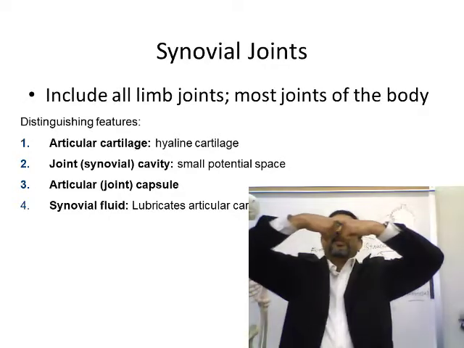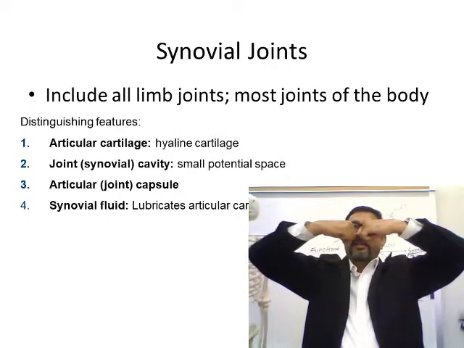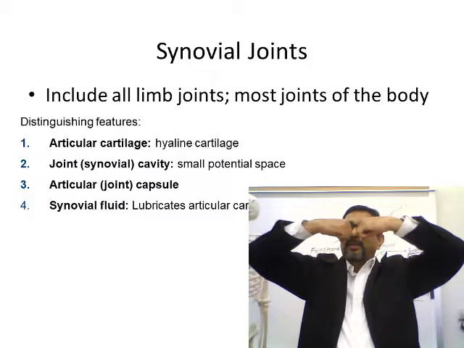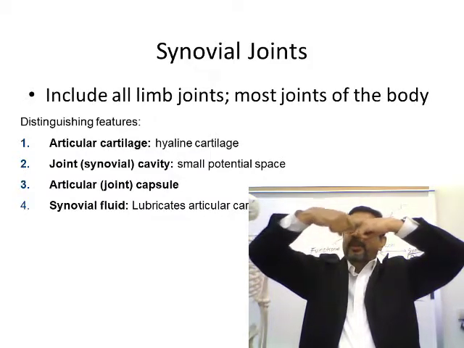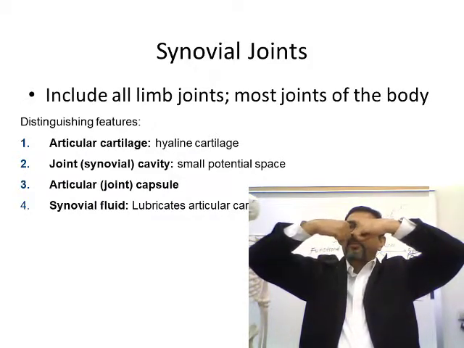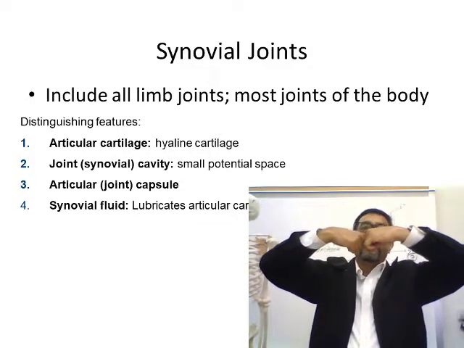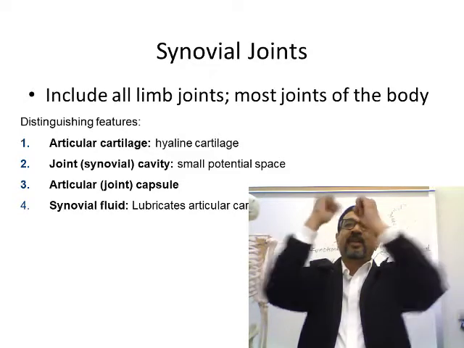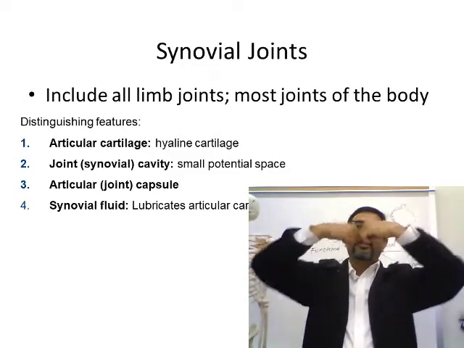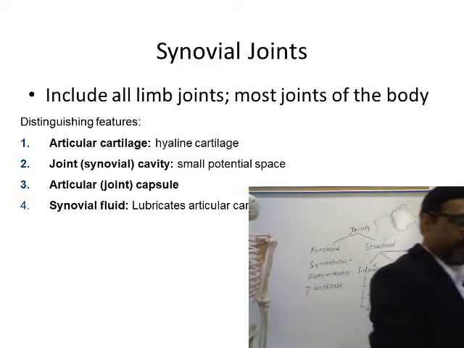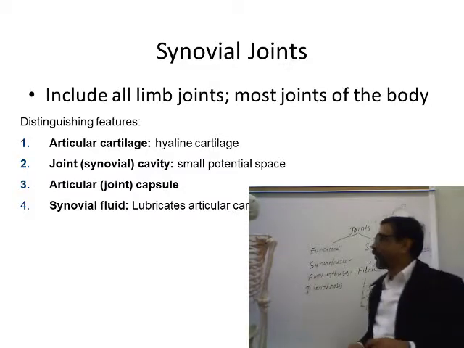So there is a space or gap between the bones in the joint, and that gap is filled by synovial fluid. It's a lubricant type fluid. So that's why these type of joints are freely movable joints.